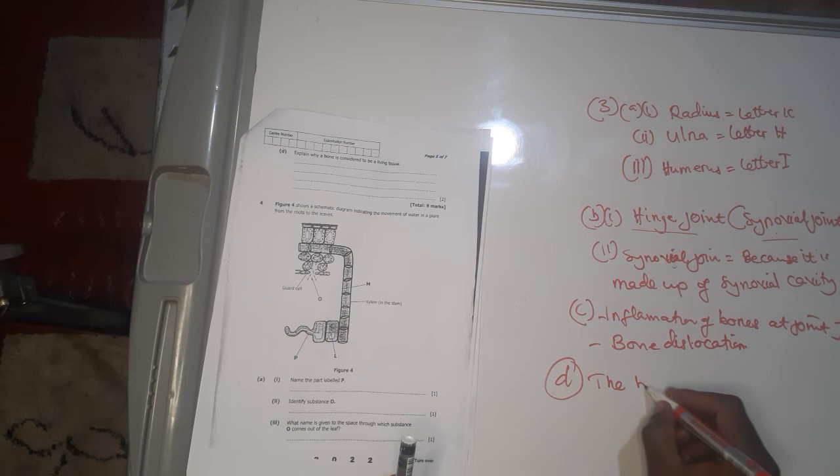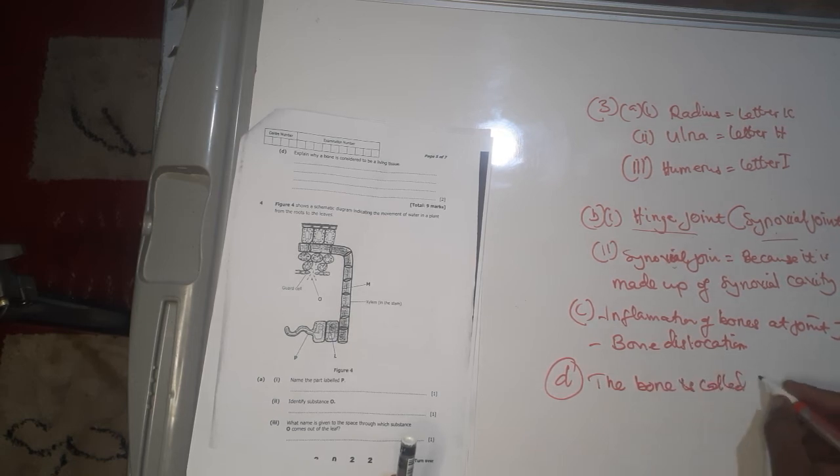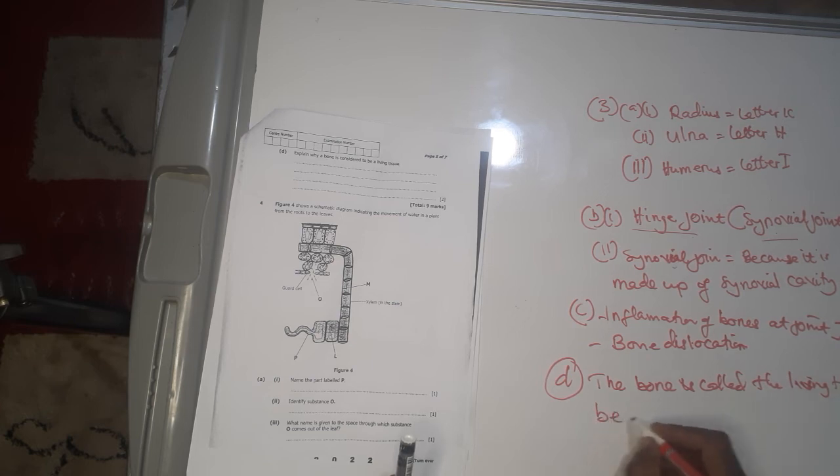So the bone is called the living tissue because it is made up of living cells which grow.